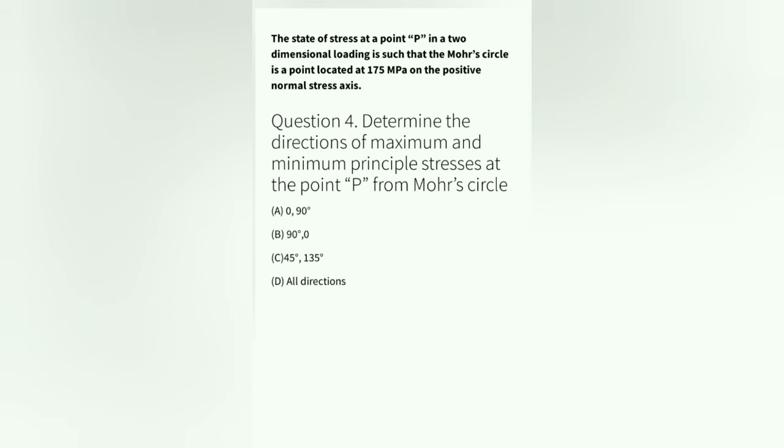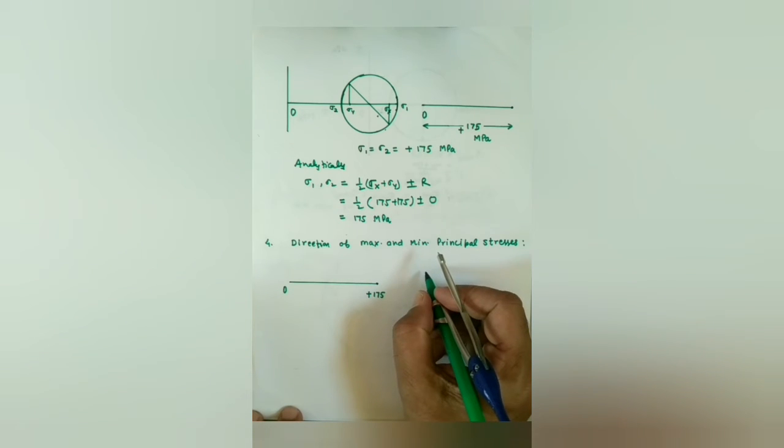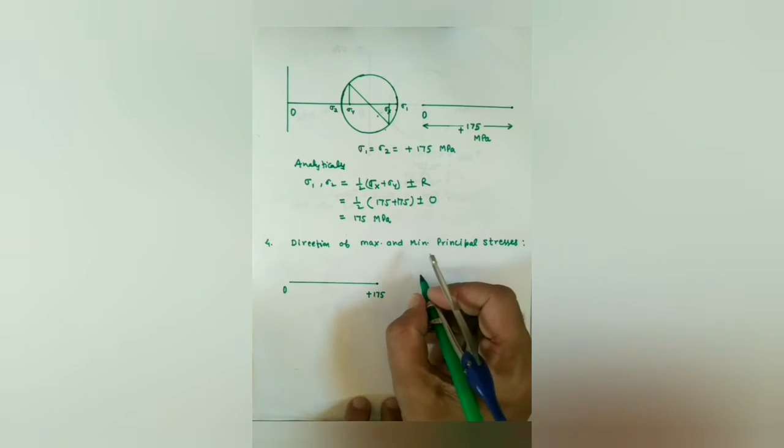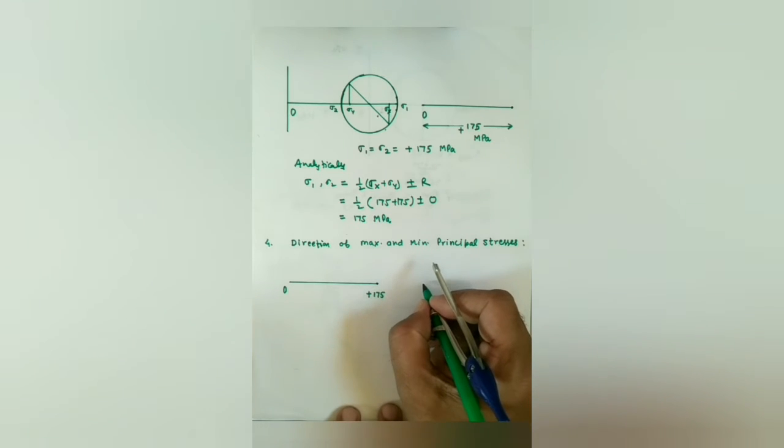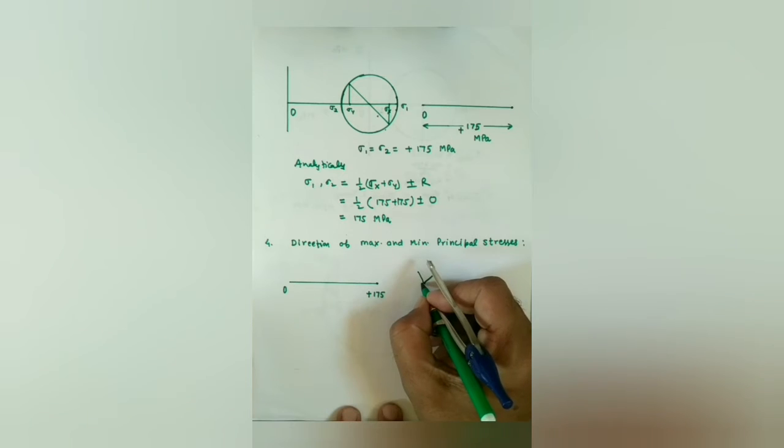This question is also based on the past question. The Mohr circle is a point located at 175 megapascals on the positive normal stress axis. In this problem, we have to determine the direction of maximum and minimum principal stresses at point P. The directions of maximum and minimum principal stresses are the directions of planes carrying the maximum and minimum stress.